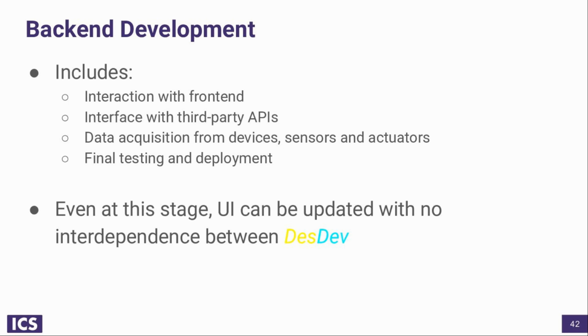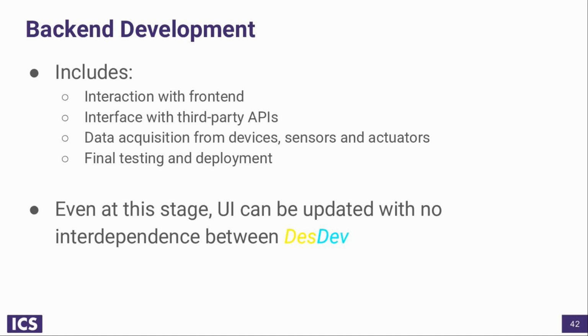In this case, we would need some web engine data interface. That is one example. The other thing is data acquisition from medical devices and the sensors and actuators attached to those devices. And finally, we will test our finalized design and then deploy it to our hardware.